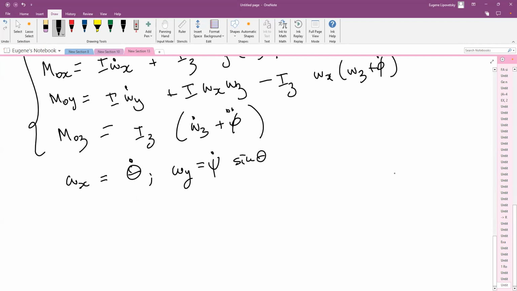And omega z we wrote down as psi dot cos theta. I think that's what we did. Oh, it's the other way around, I think. Just a second, this one was cos theta, and this one was sine theta.